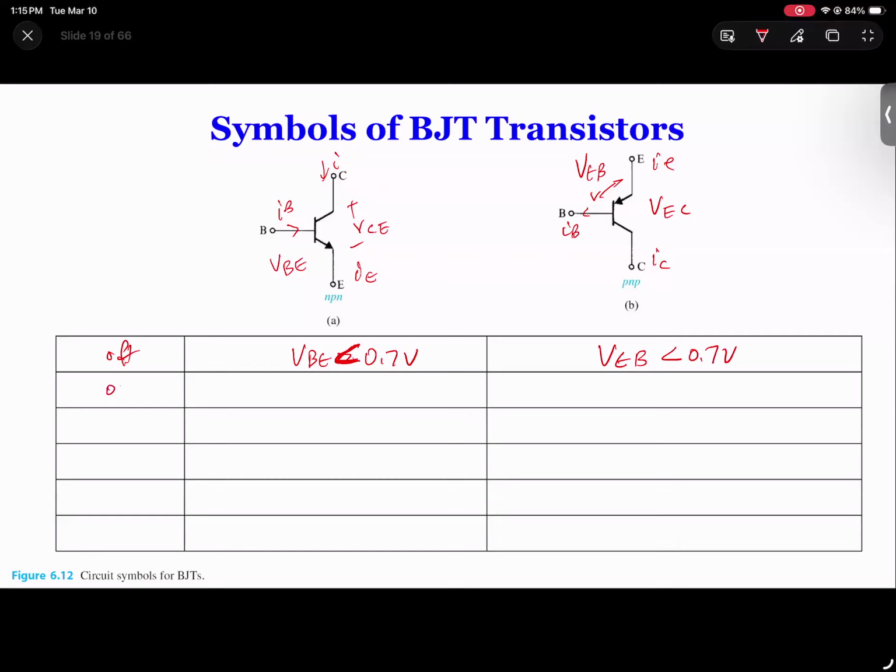That's for the off mode. And of course, for on mode, you will have VBE. That's what you're going to talk about. And then in the saturation mode, you have VCE less than 0.3 volts. And here you say VEC.